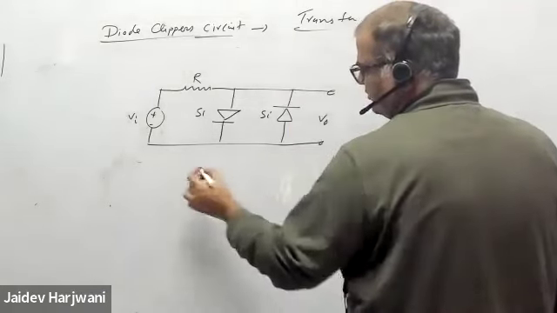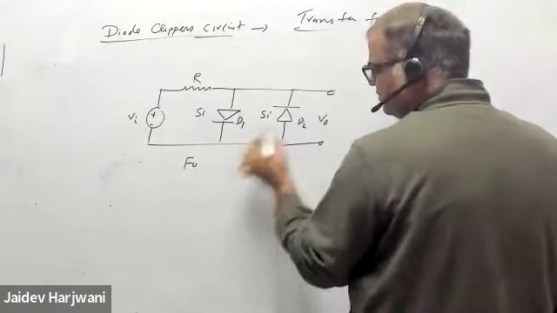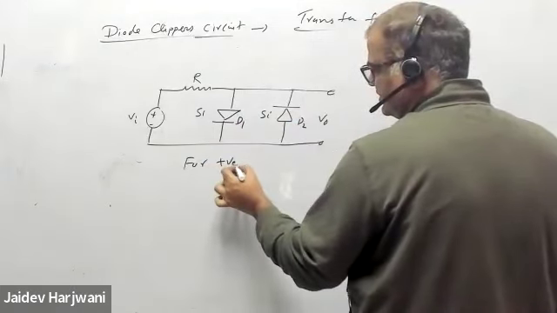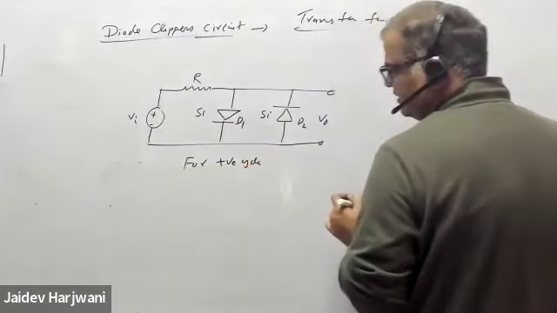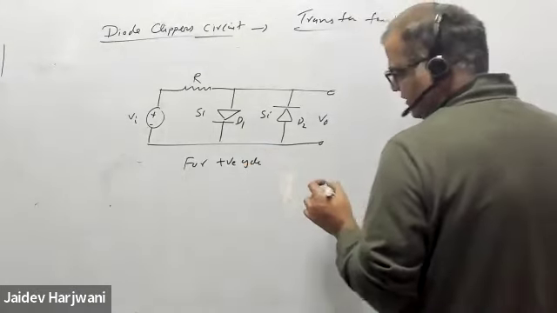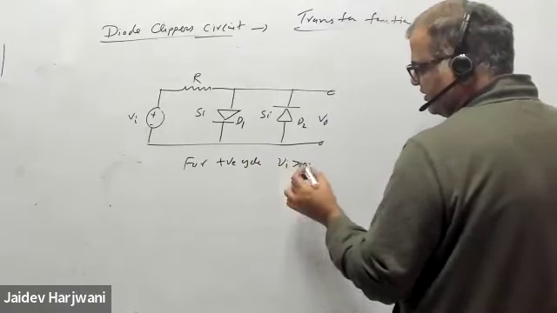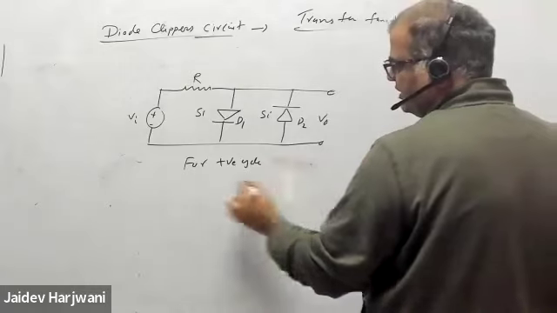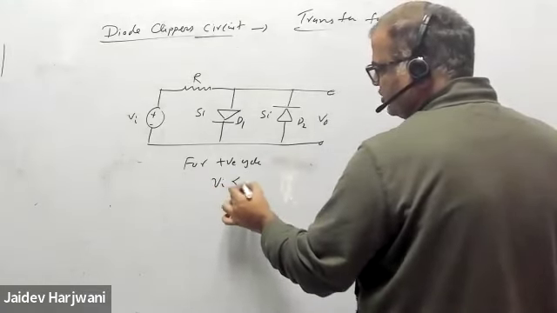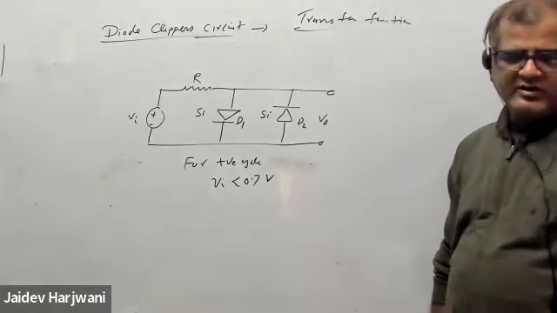For the positive cycle, this is diode D1 and this is diode D2. When Vi is less than 0.7 volt, which diode is on? Tell me.